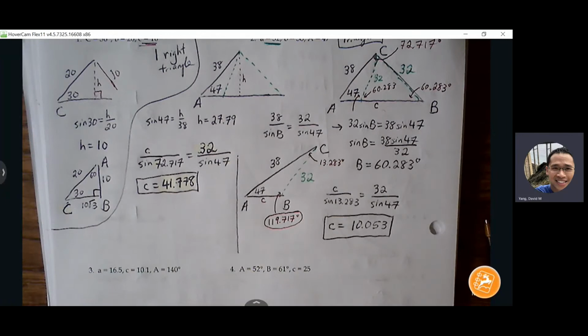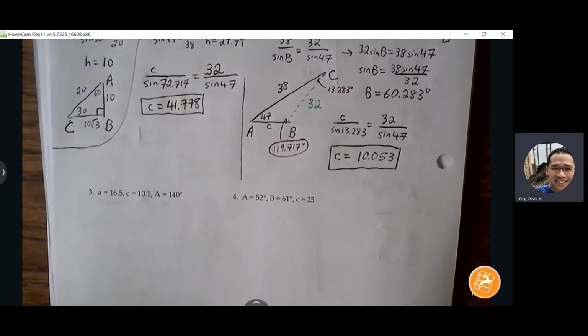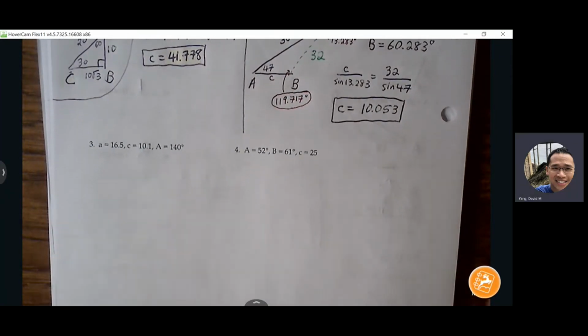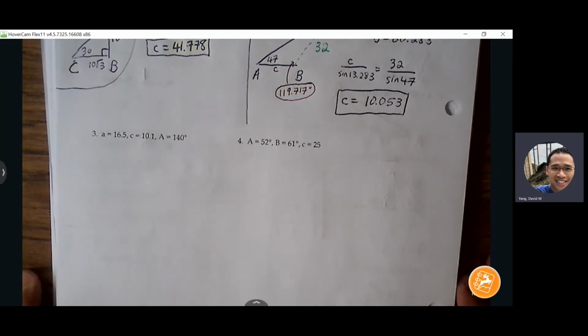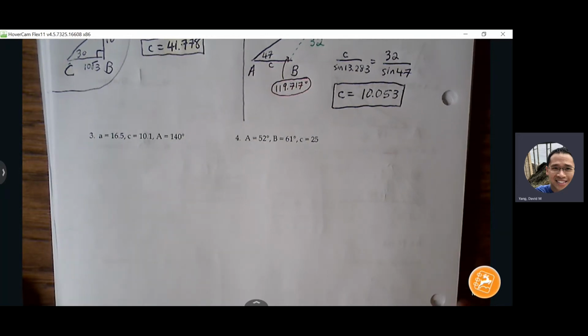Okay, so let's try number 3. Okay, what do you notice about number 3 that's different than before?